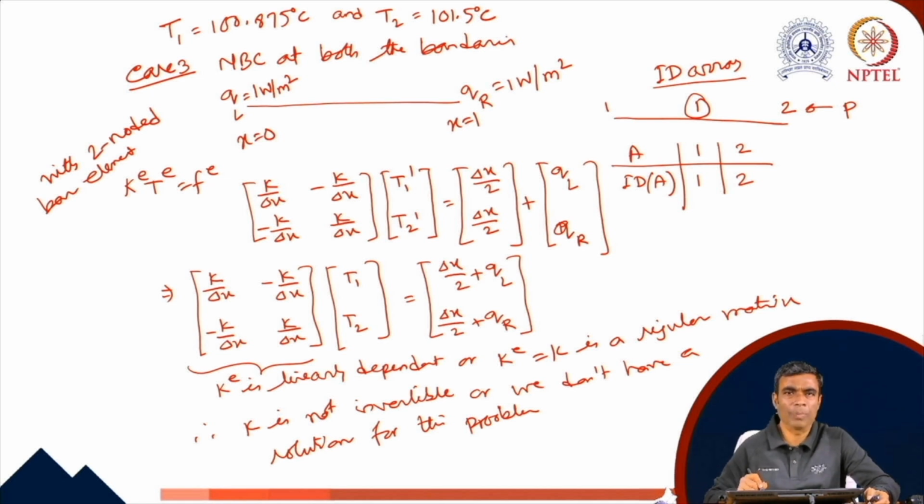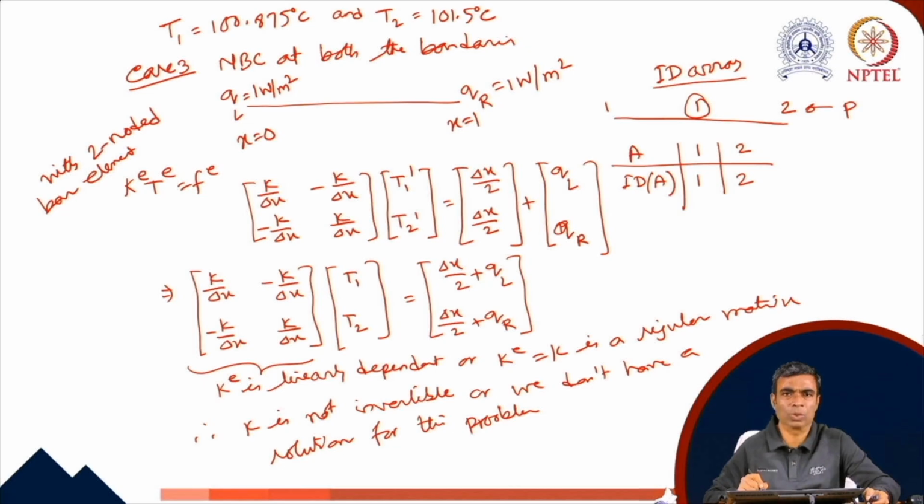If we solve this problem with quadratic bar element or with multiple elements, it is found that this feature does not change. So this is the rare case where we do not have a solution. Whatever other boundary condition sets we use, we have solutions.